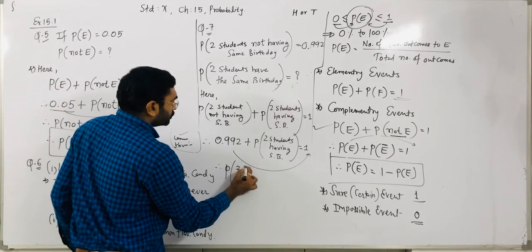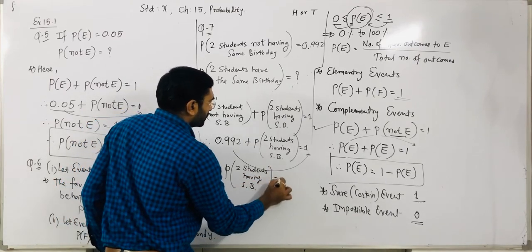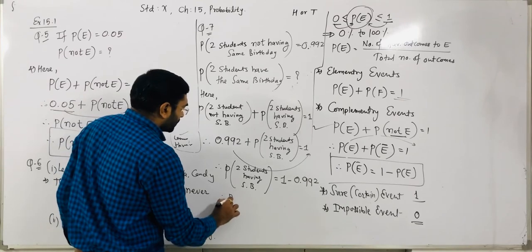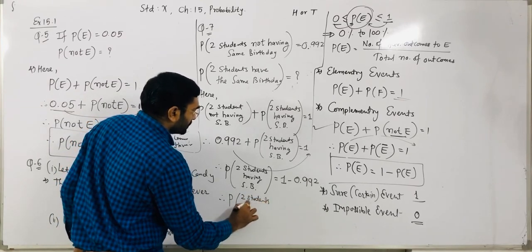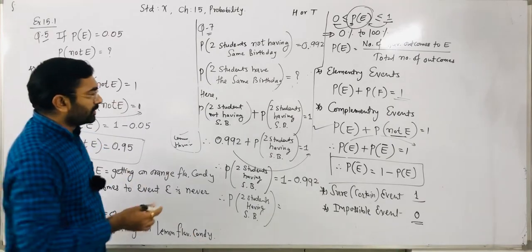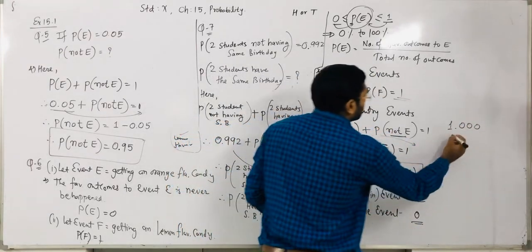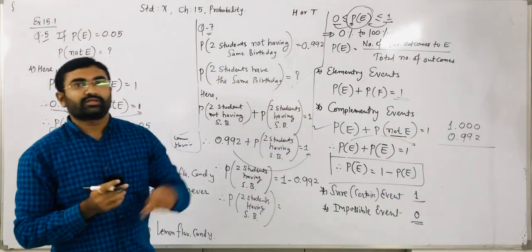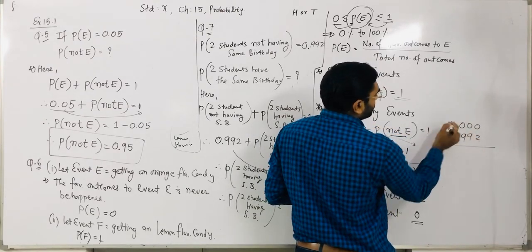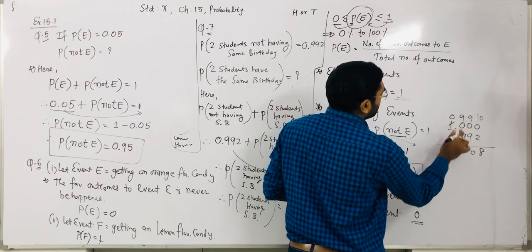So the probability of two students having the same birthday is equal to 1 minus 0.992. For the subtraction, write 1.000 and 0.992. 0 minus 2 is not possible, so we borrow: 10 minus 2 is 8, 9 minus 9 is 0, 9 minus 9 is 0, and 0.